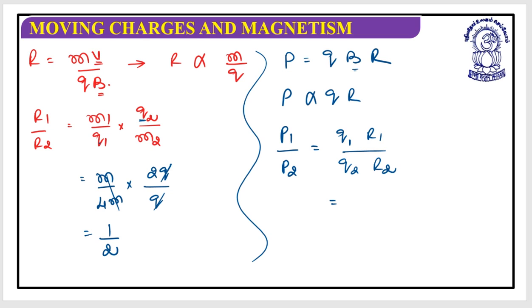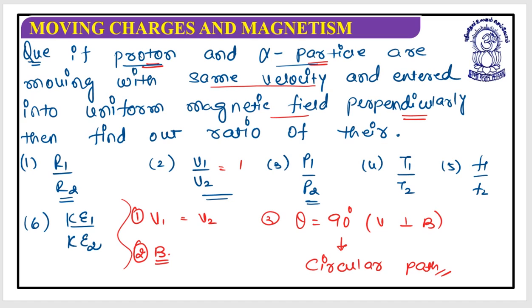The first particle is a proton, with charge q. The second particle is an alpha particle, so it would be 2q, multiplied by radius 1 is to radius 2, which is 1 is to 2. The q has gone, and this would be 1 is to 4. So about the momentum, it is 1 is to 4, and radius 1 is to radius 2 is 1 is to 2. I hope this is clear.